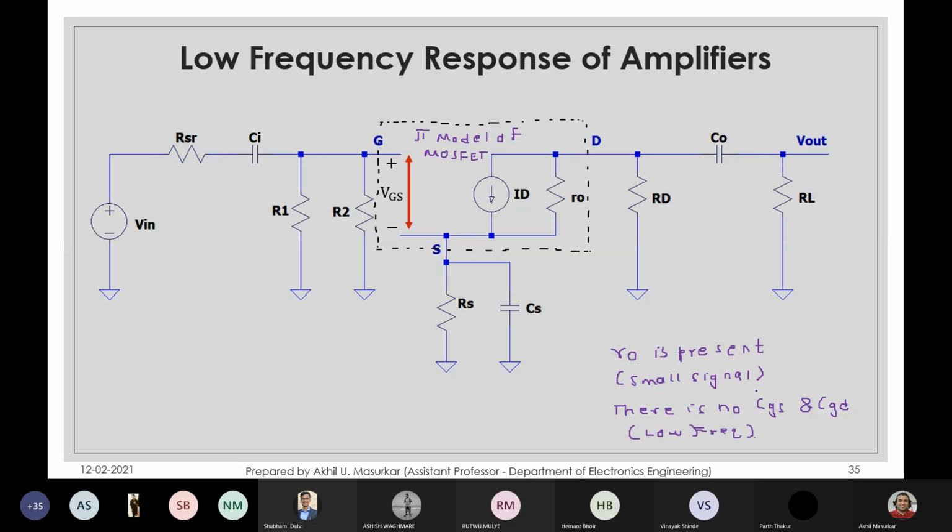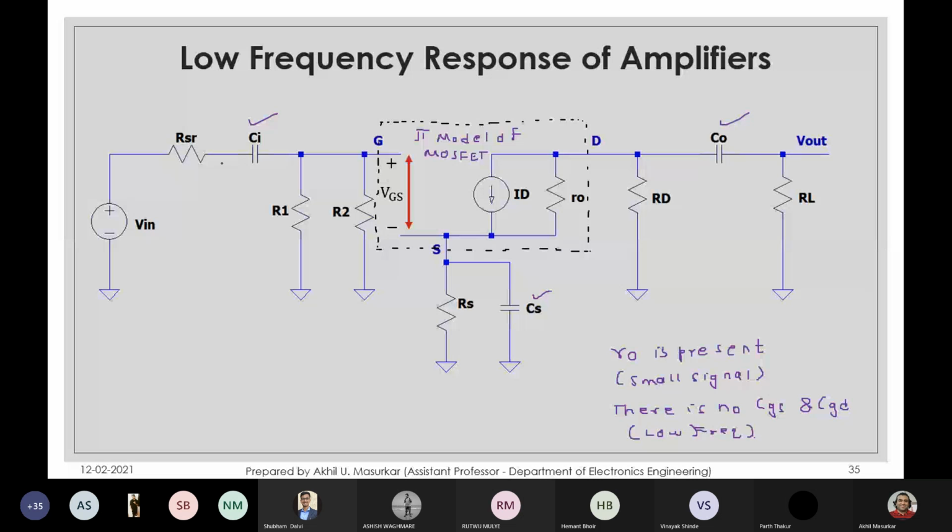And you can see very well CI, C0 and CS. Once you have copied this, please write done in the chat box. Please ask me a doubt about how I arrived at this particular circuit.